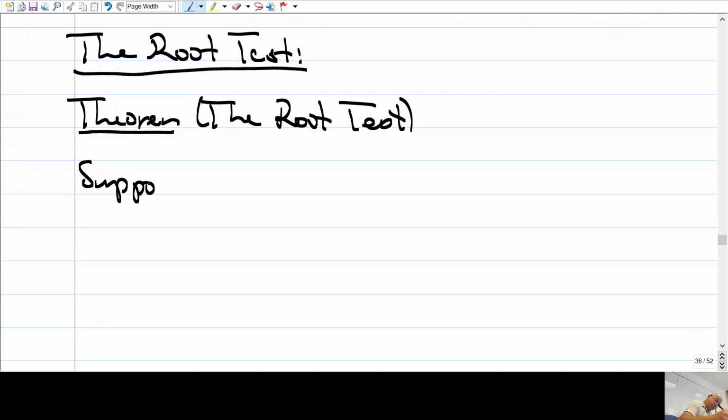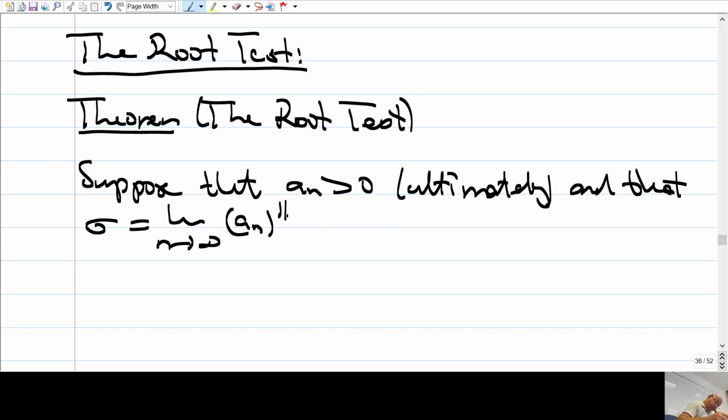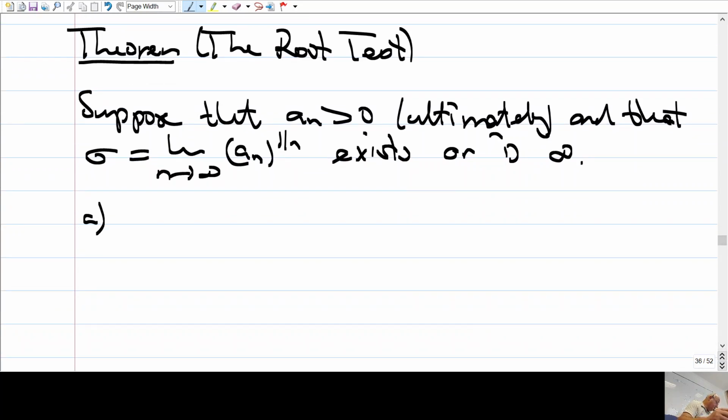Suppose that a_n are all positive ultimately, and that sigma, which is the limit as n goes to infinity of the nth root of a_n, exists or is infinite. Then we have the following statements.